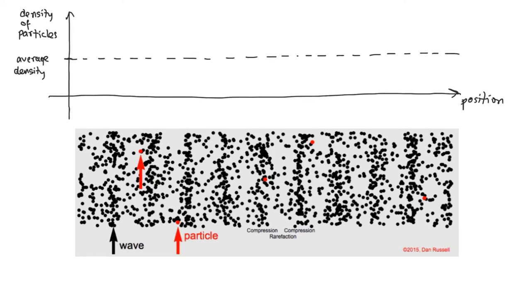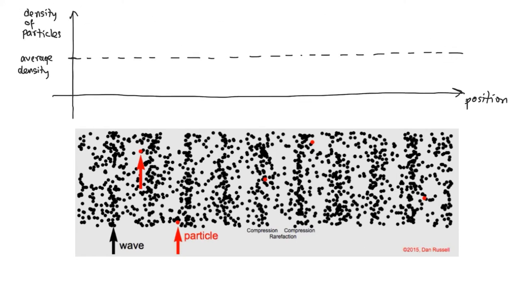Okay, so here's a set of axes. And the plot is the density of particles as a function of position, left to right. And I've added in this line called average density, which is this dashed line horizontally.